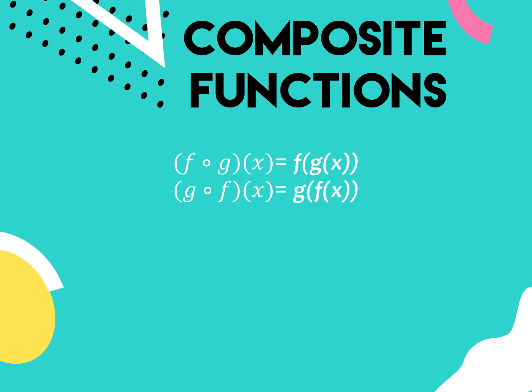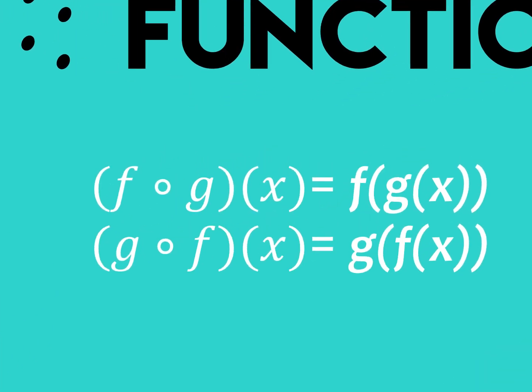So notice this time, we've got this open circle here in between the 2 function letters. This is not a multiplication dot. It's indicating that we are composing these 2 functions. So the first one is read as f composed with g.